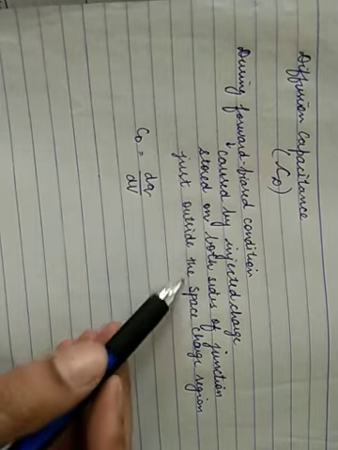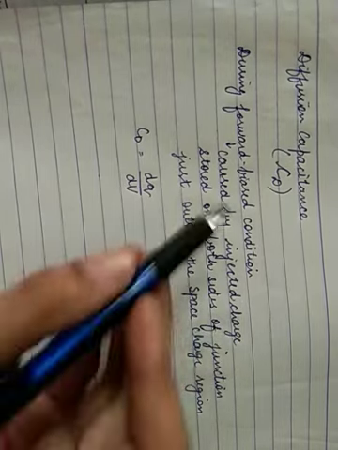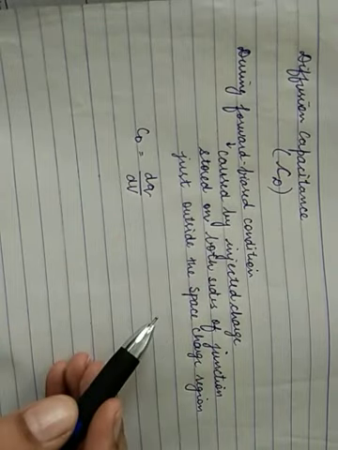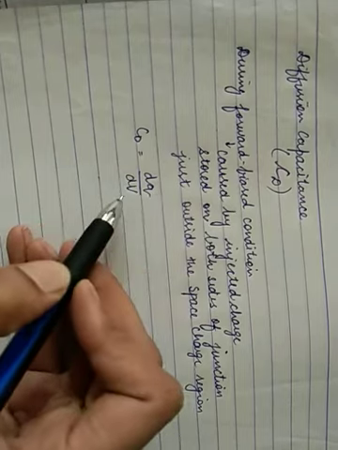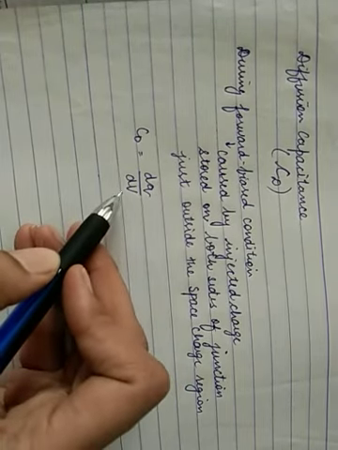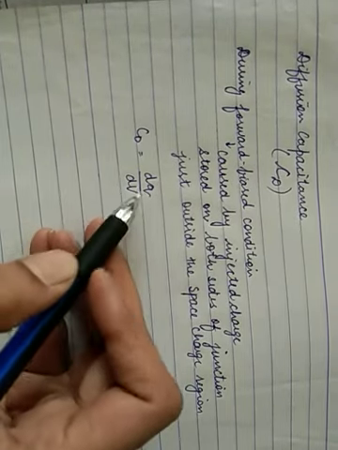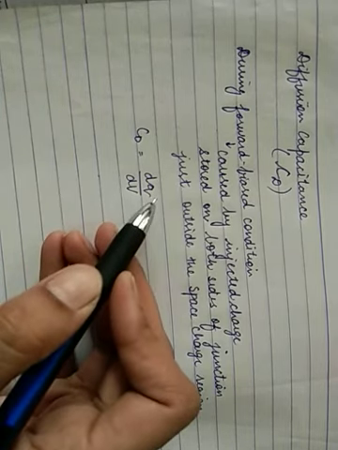Whenever there is diffusion of charges from both sides, at that time diffusion capacitance comes into play. It may be defined as CD is equal to dQ by dV. With the change in voltage, the charge changes, and at that time CD has more value.